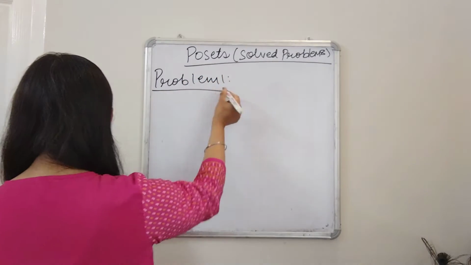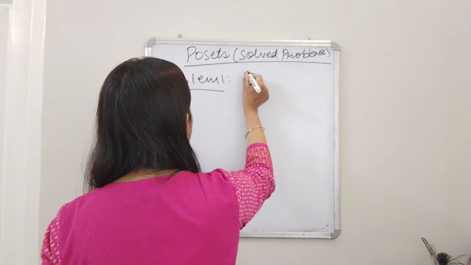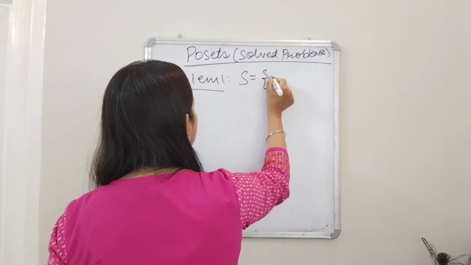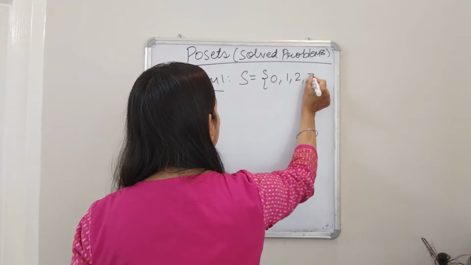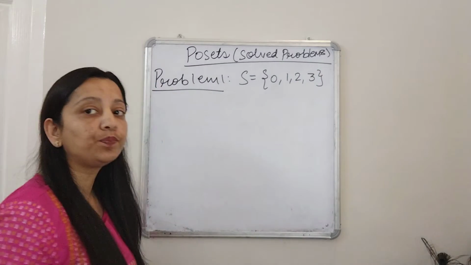Now it says that you have a set S which has elements 0, 1, 2 and 3.